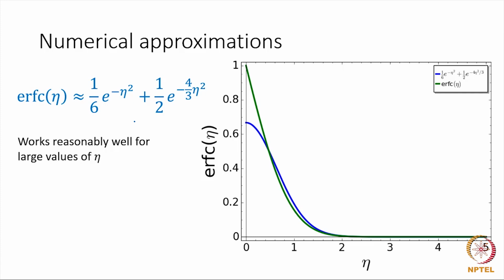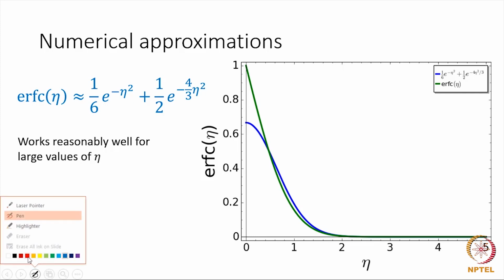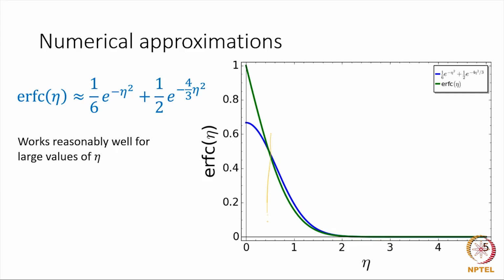Sometimes if you do not have access to the error function or complementary error function, then you can use these approximations. One approximation uses e raised to the power of minus eta squared, where eta is the argument, and it looks like this. You can notice that this is quite reasonable only at values of the argument above a particular threshold.